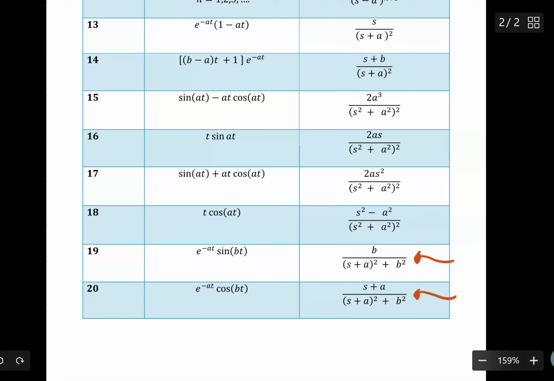So take a look at this. In this denominator, what I have is s plus a, which is a binomial squared. And in the numerator, I have b, and b is present in the denominator.